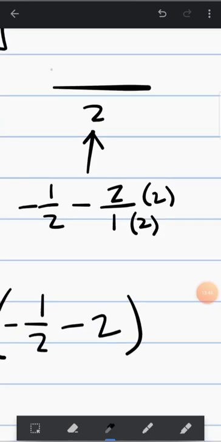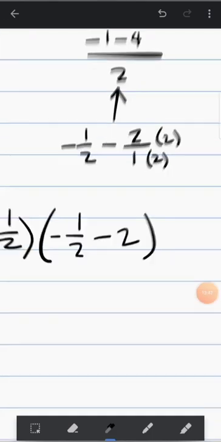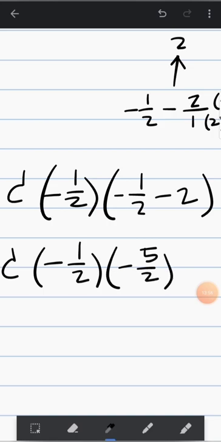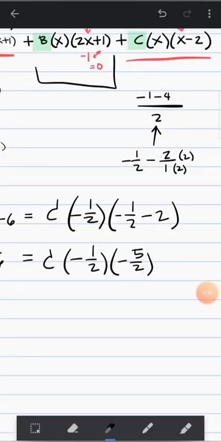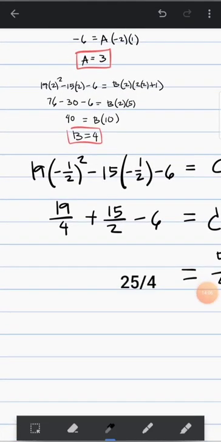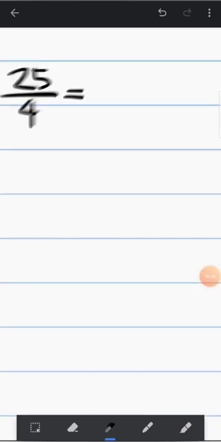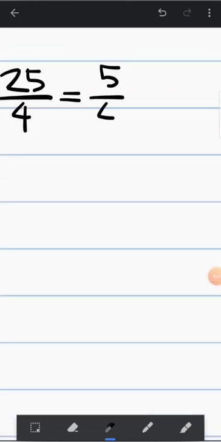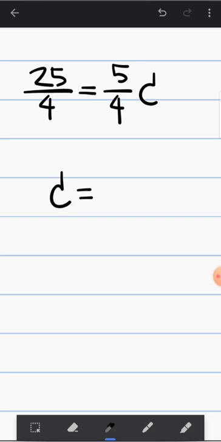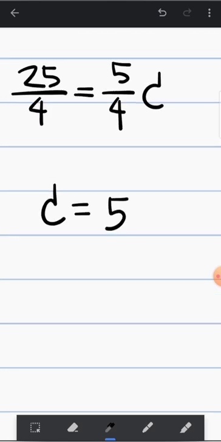So negative 1 minus 4, so negative 5 halves. So negative 1 half times negative 5 halves will give us 5 over 4, 5 over 4 c. Now how about on this side? So it's just 25 over 4 equal to 5 over 4 c. And so now c is equal to 25 divided by 5, which is 5.